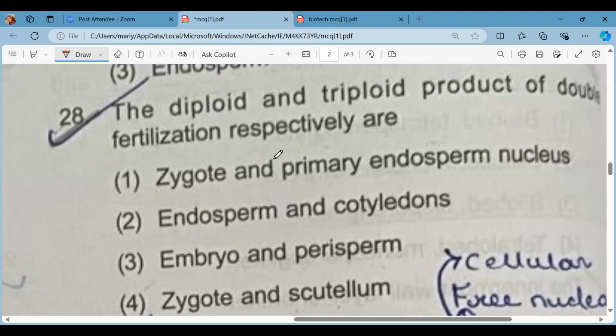I'll tell you, you'll only tell me the answer, okay? When the male gamete fuses with the female gamete, a zygote is formed. So what will be the ploidy of the zygote? Male gamete fuses with the female gamete. So what will be the ploidy of the zygote?